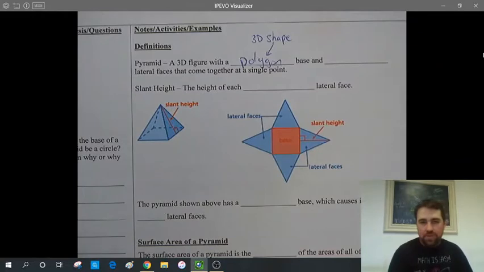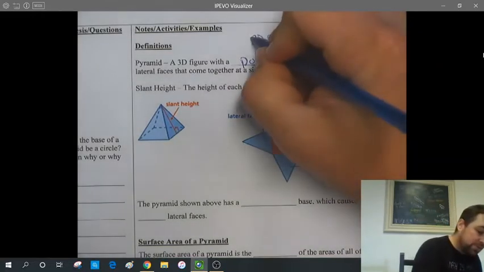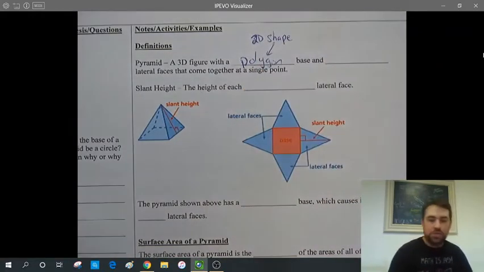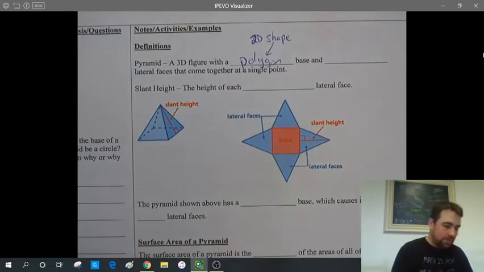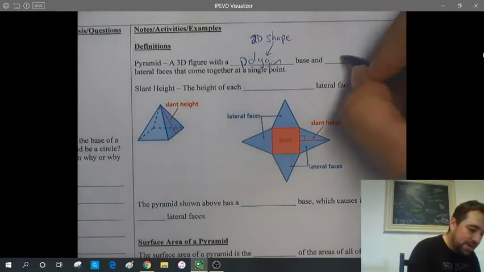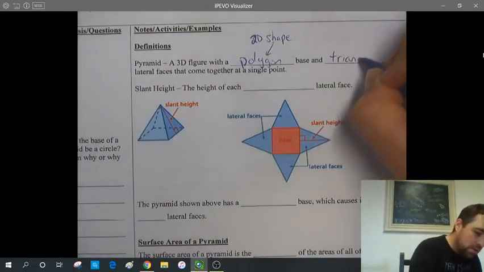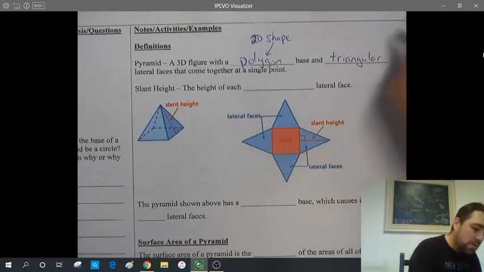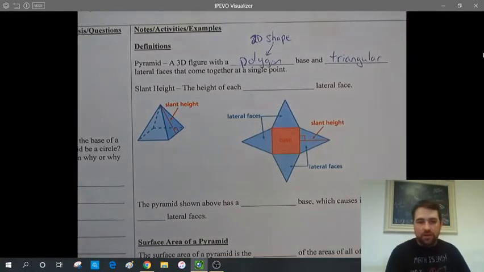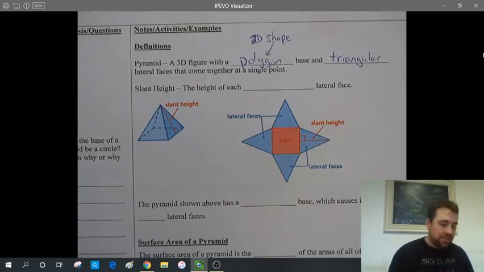So basically a two-dimensional, not three-dimensional, two-dimensional shape. And then the lateral faces, as we can see down below in the diagram there, they're going to be triangles, so triangular lateral faces that come together at a single point.